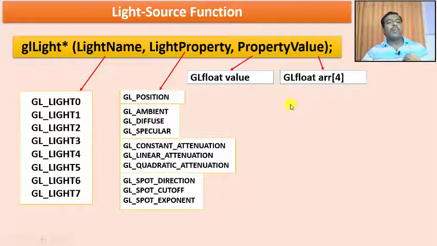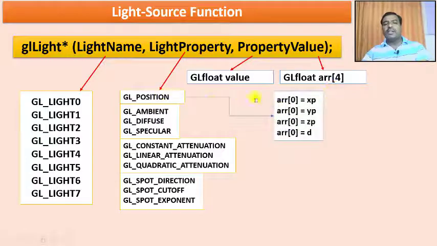Yes, if we talk about a position, it's about the x-axis value, y-axis value and z-axis value, a point in your 3-dimensional coordinate system. Hence I should use an array, with a size of 4. The first is the x value of the position, then the y value and the z value, and this fourth parameter is going to be the distance value.